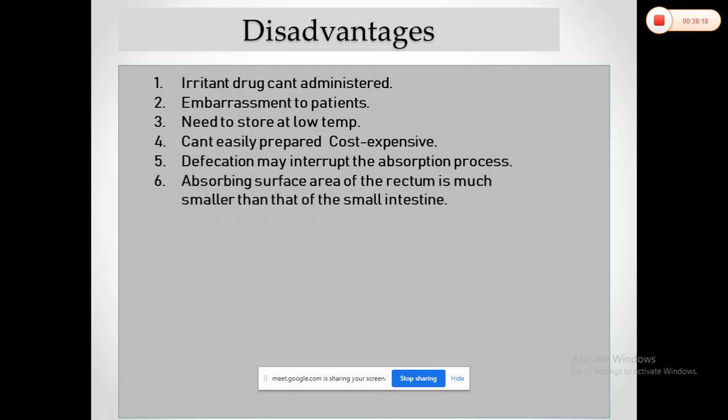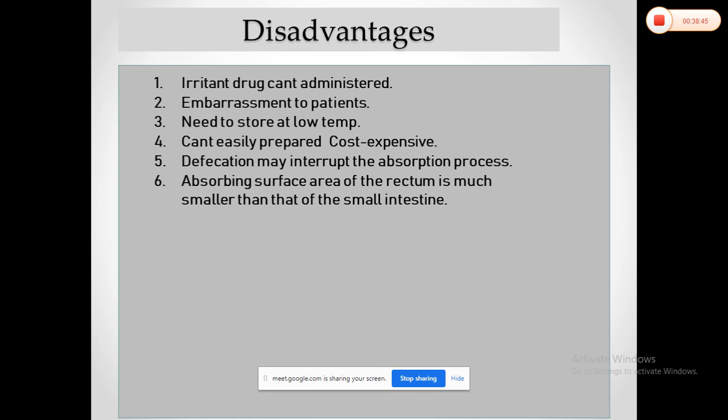absorption process. As I have already discussed, the surface area of the rectum is much smaller than that of the small intestine because it is the terminal end of our large intestine, which has a 12 to 18 centimeter diameter only. So the surface area available for drug absorption in the rectum is approximately 200 to 400 square centimeters.